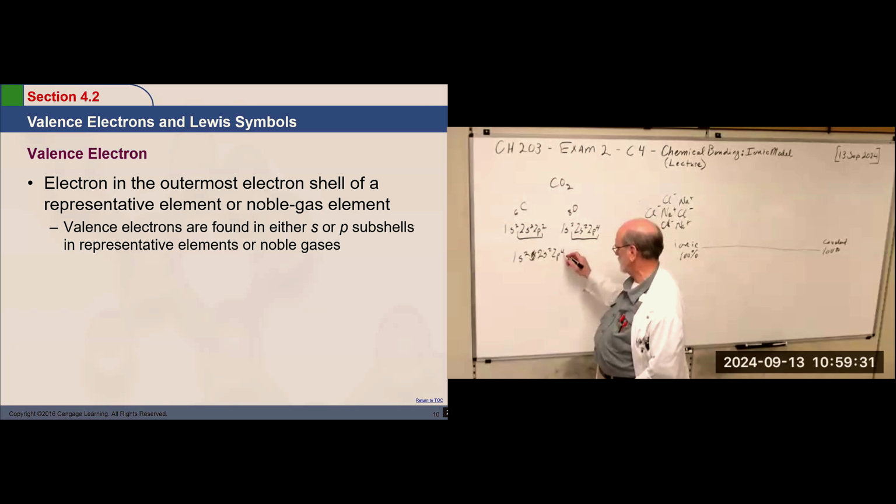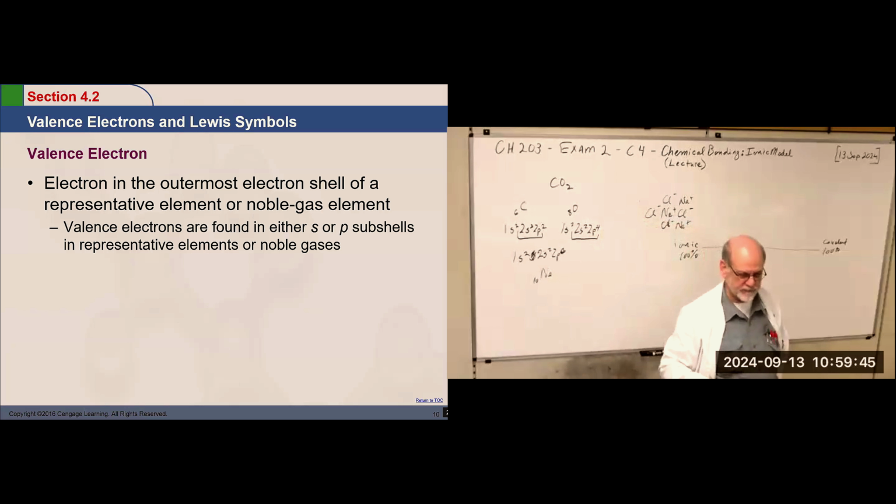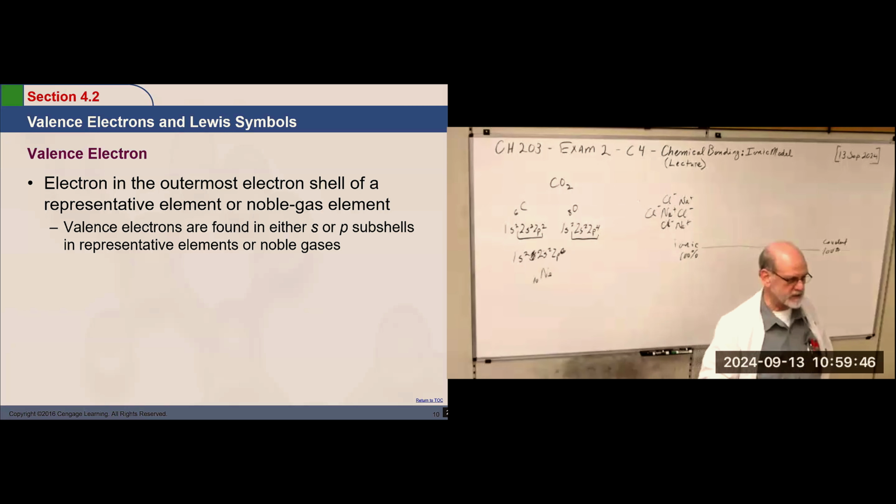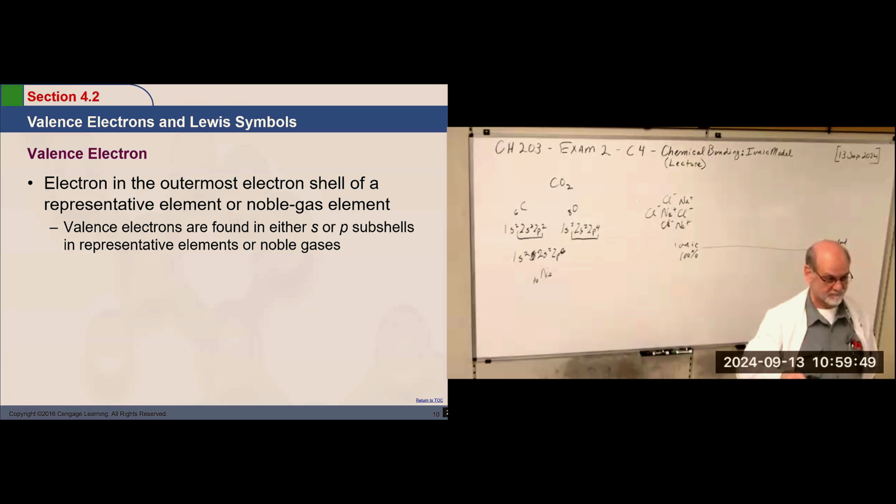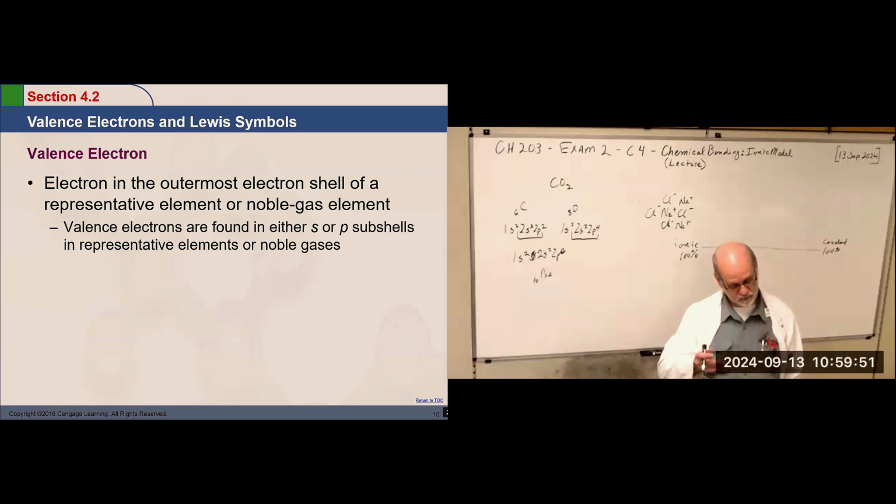Let's see. That's not right. That's 6, excuse me, 6. 8 plus 2 is 10. So that's neon. What they're trying to do is fill the outer shell so they look like a noble gas. That's one of the explanations for why the octet rule works.